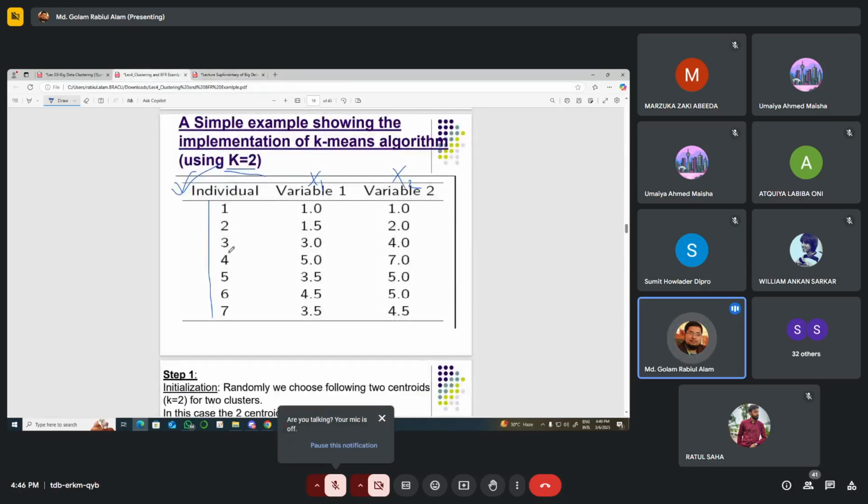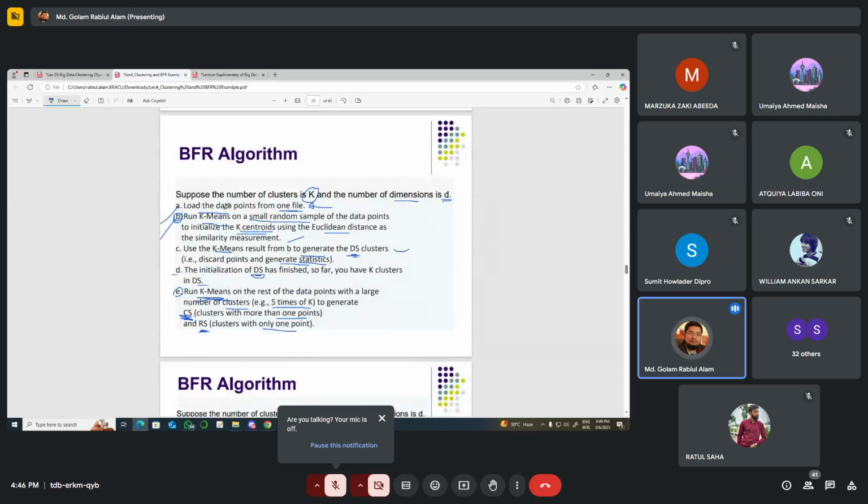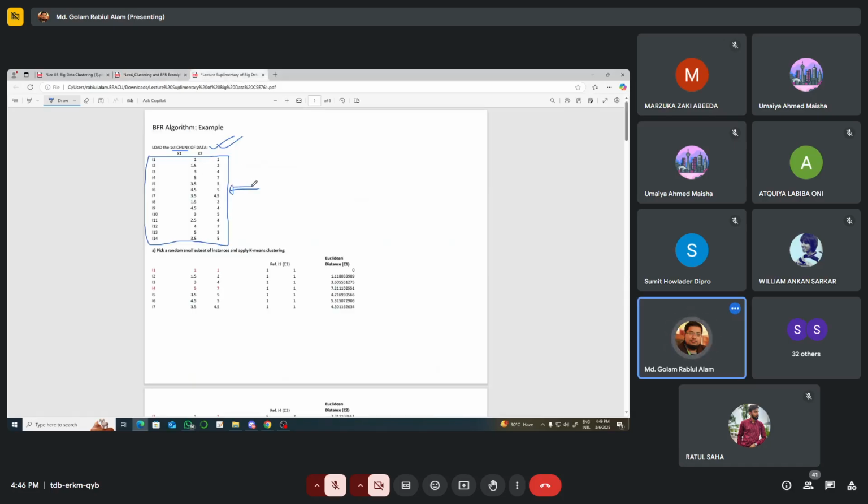So according to our algorithm, load the data points from the file. That means we have to load the first chunk and then run k-means on a small random sample of data points from the first chunk.